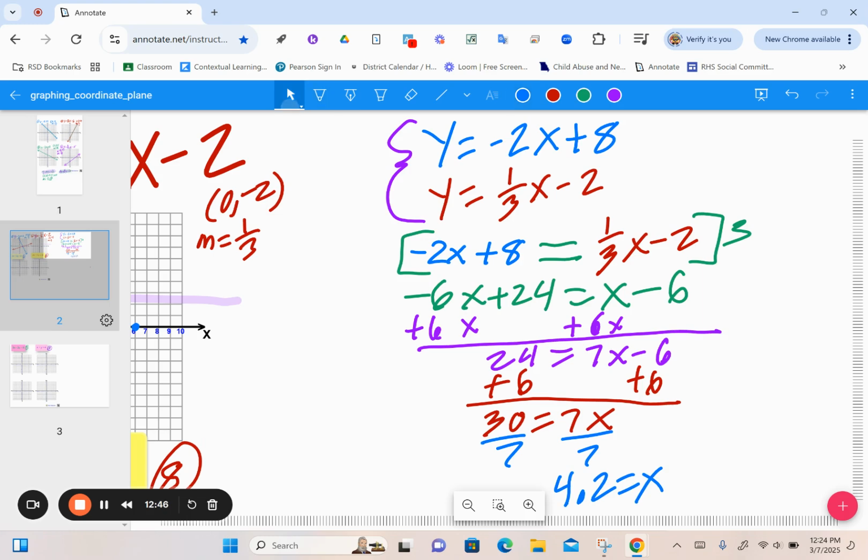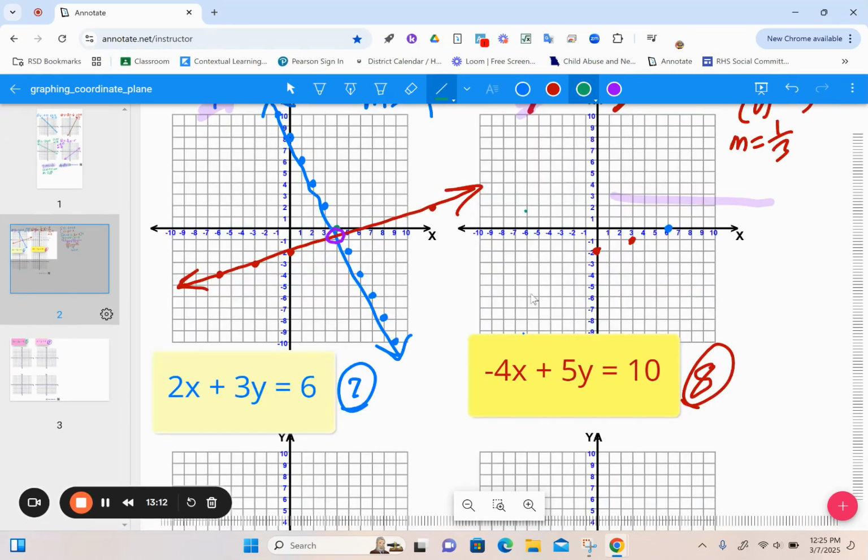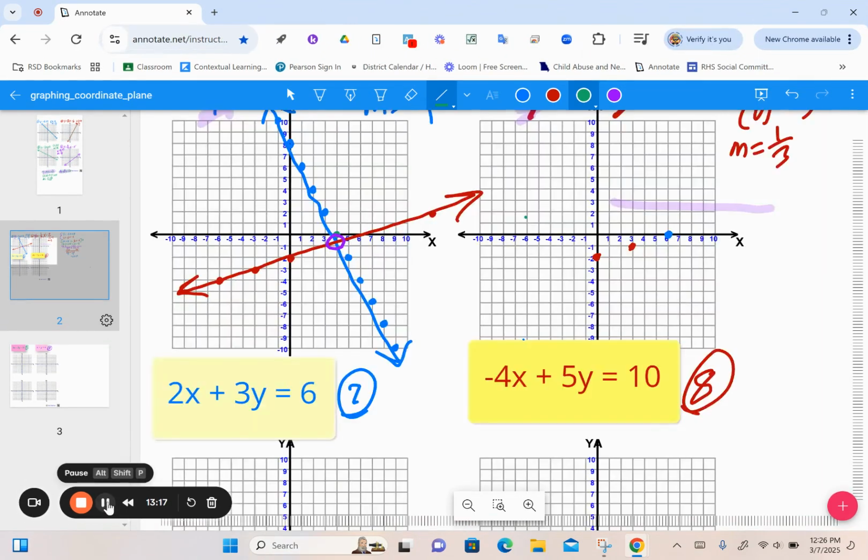So if we go back and we look, where did these lines cross? How far over? Well, it's actually on the other side because this was free-handed, not drawn with a line tool. Give me 1 minute. So what I'm going to do is create the lines using this line drawing tool up here.